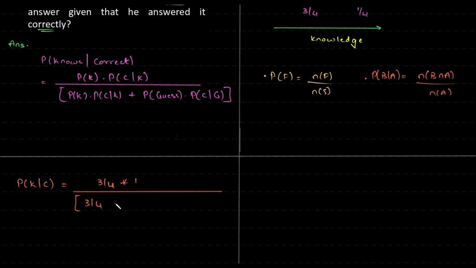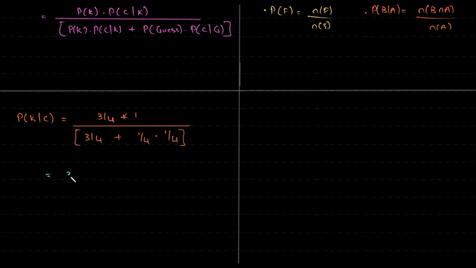So this is 3/4 again, plus him making a guess is 1/4 into him being correct is 1/4 when he makes a guess. So this is 3/4 divided by, here the LCM is 16, 12 plus 1 by 16.